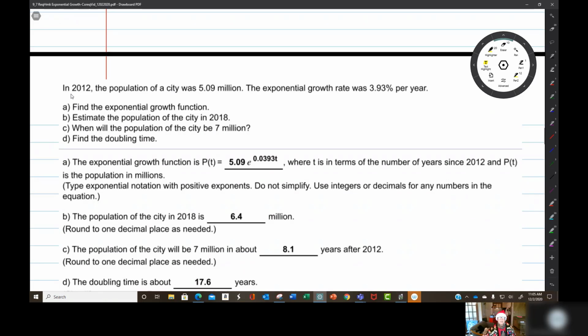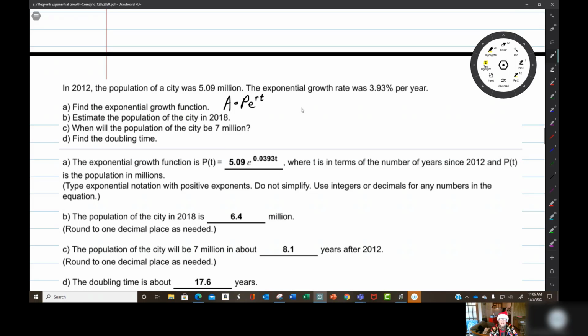All right, we have to find the exponential growth function. And guess what? It's the same as A equals P e to the rt, only they use different letters. That's for money.